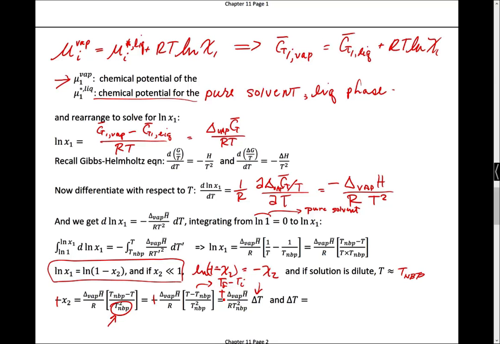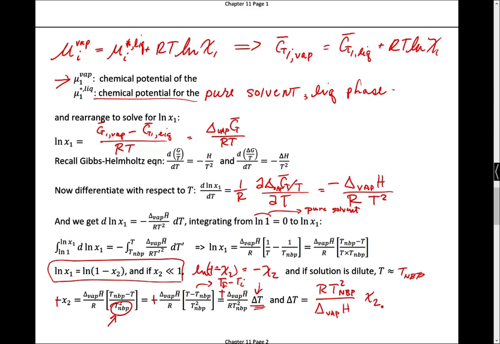And then what I can do is rearrange this and say that delta T is going to be given by R times the normal boiling point squared over delta H of vaporization times the mole fraction of the solute. If we think about that, this is a constant now.